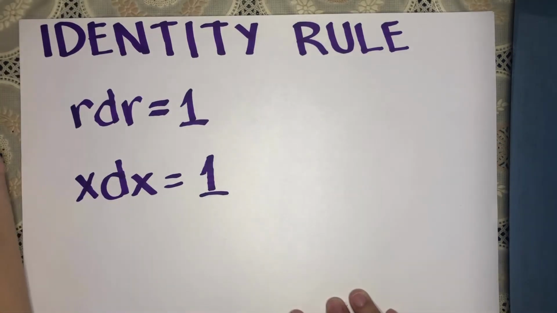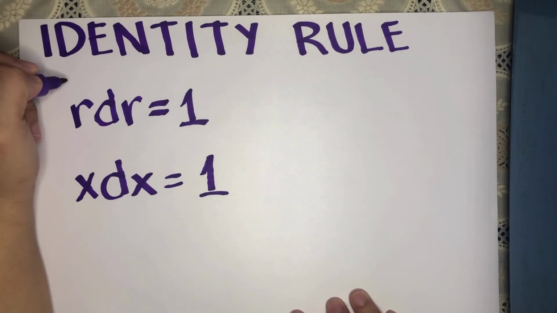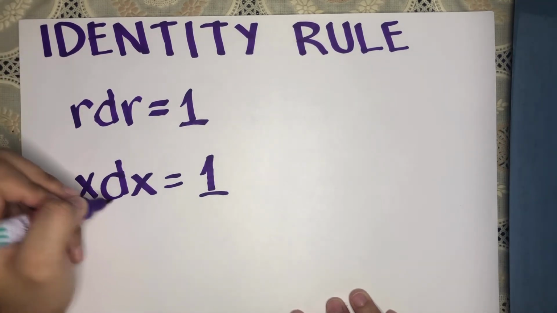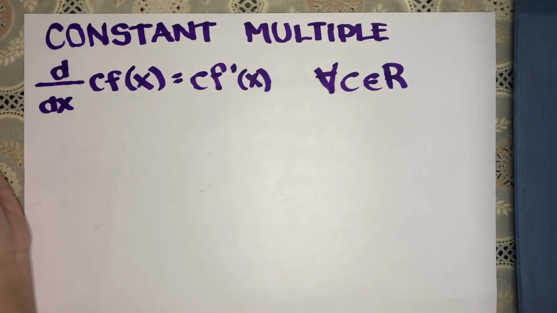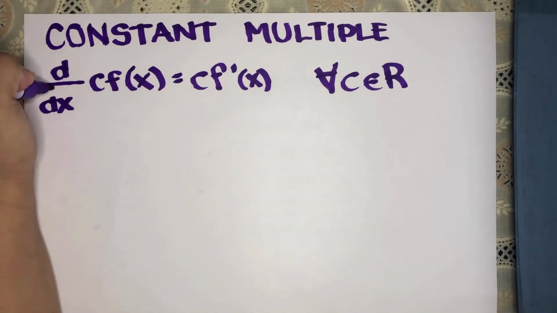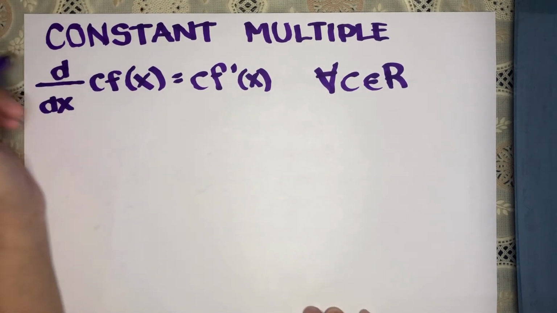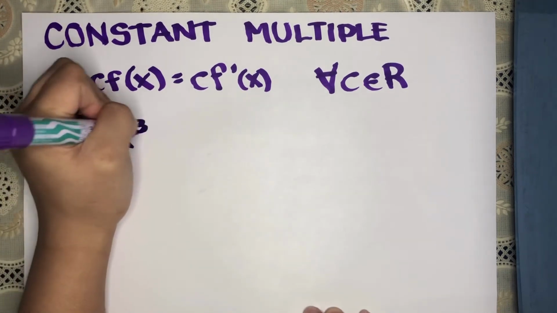The next rule is the identity rule. The examples for the identity rule are dr over dr equals 1, dx over dx equals 1. The derivative of any identity function is equal to 1. The third rule is the constant multiple rule. This is the formula for the constant multiple rule. The example is 2x cubed.